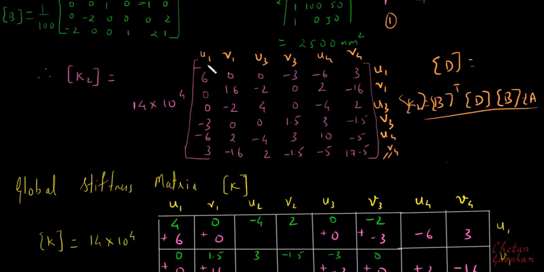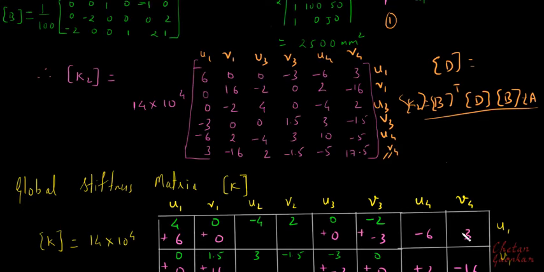Now we can easily come to know where this value will go in the global stiffness matrix. This value will have to be placed where there is u1 and u1. So u1 and u1, it should go here, right? Similarly this zero term will go where there is v1 and u1.